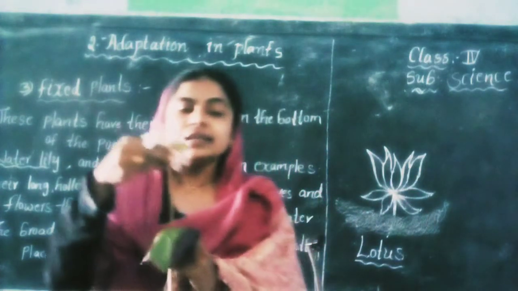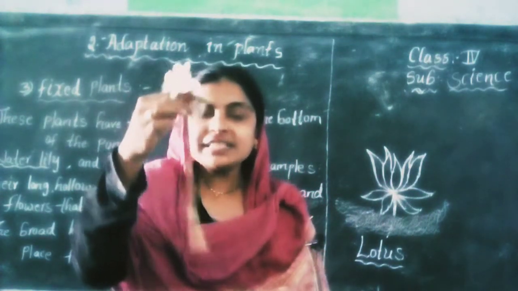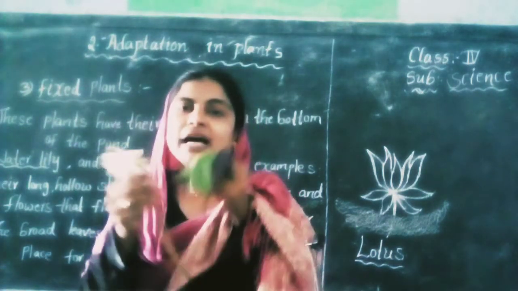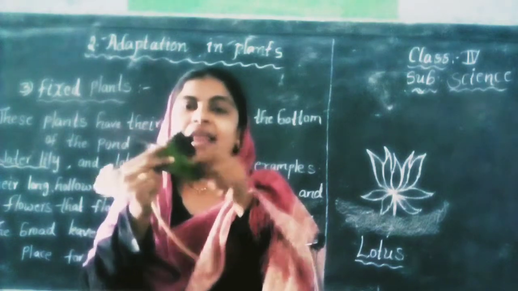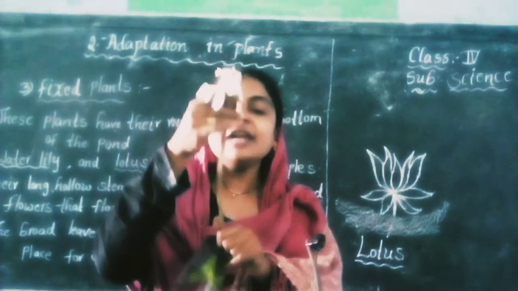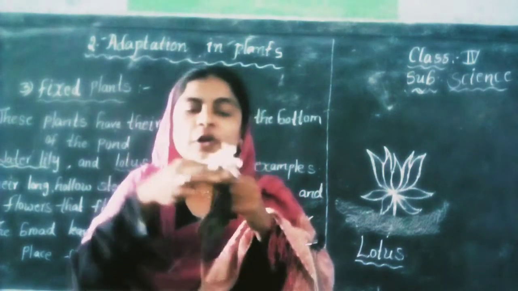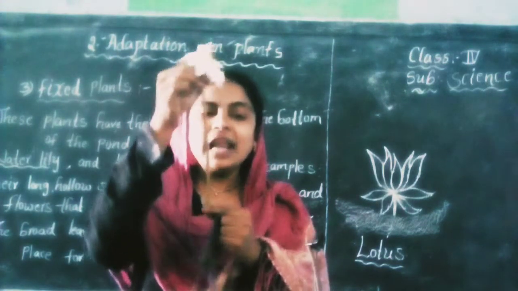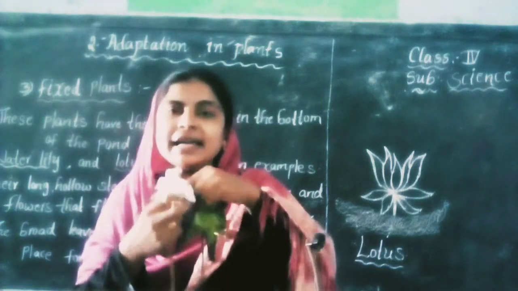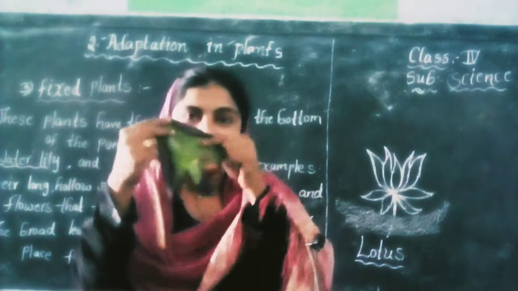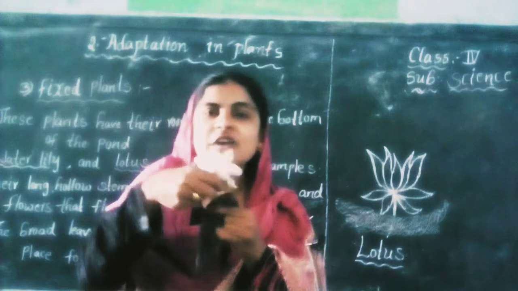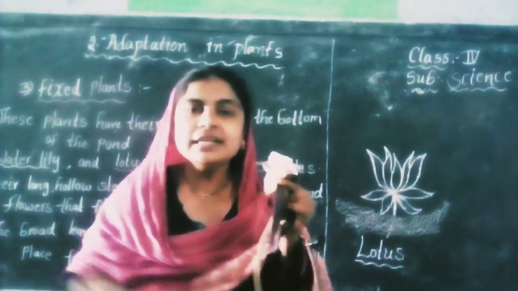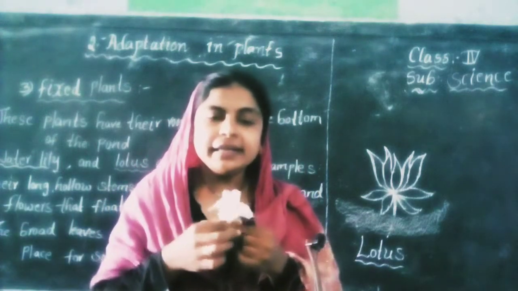Their long hollow stems support the large leaves and flowers that float on the surface of the water.